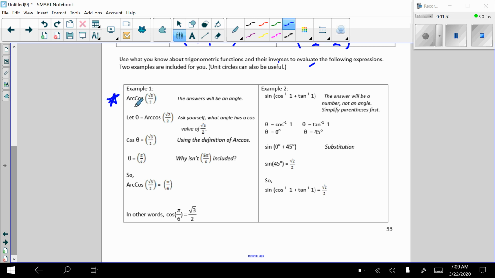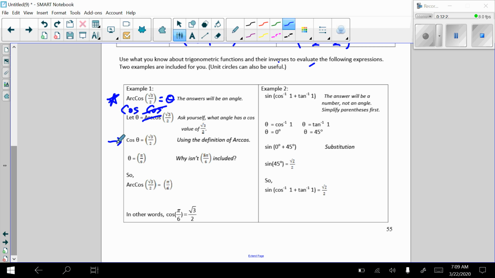When we look at arc cosine of √3/2, what we're really looking for is the angle that would give us a cosine that equals √3/2. So what we can do is take the cosine of each side, because remember, cosine and arc cosine cancel each other out. And that leaves us with this equation, the cosine of theta equals √3/2.